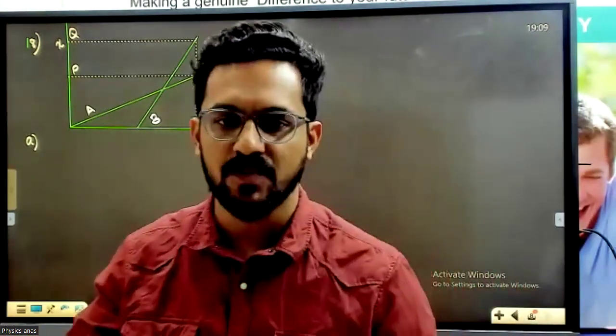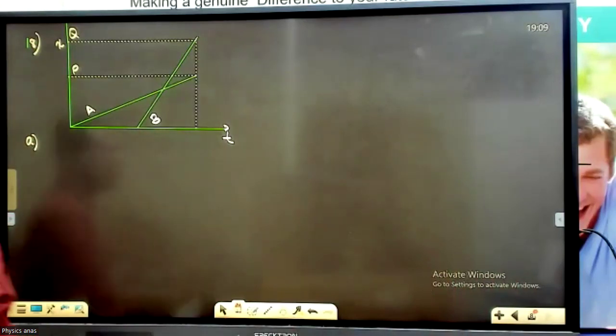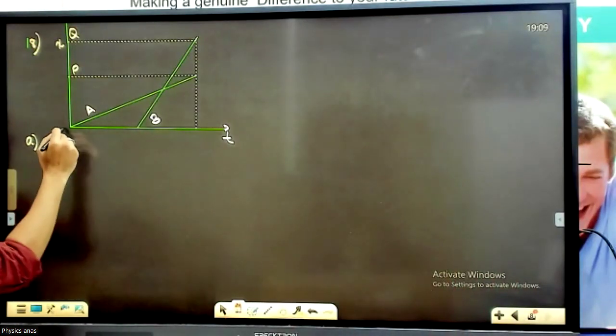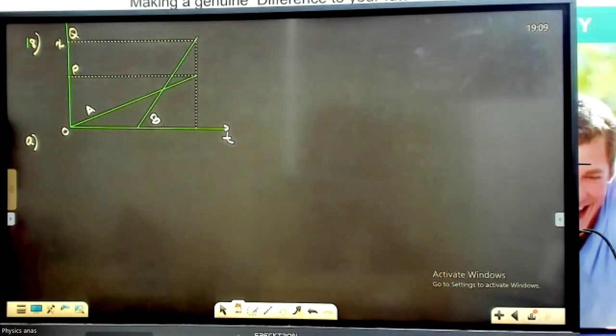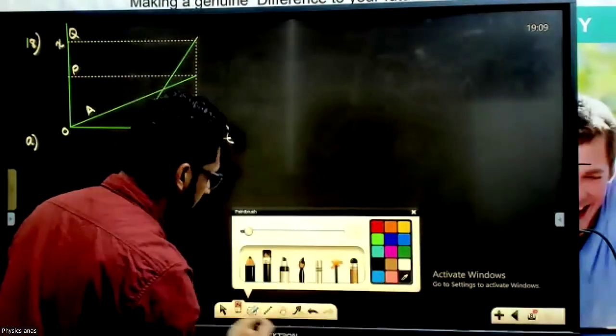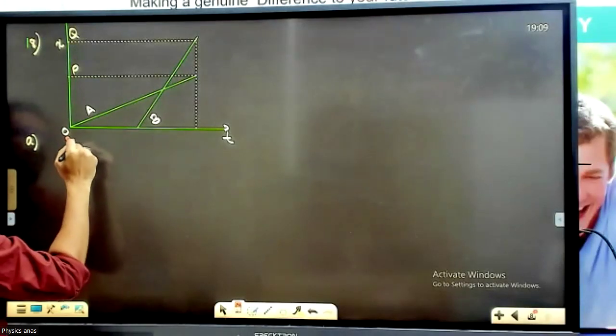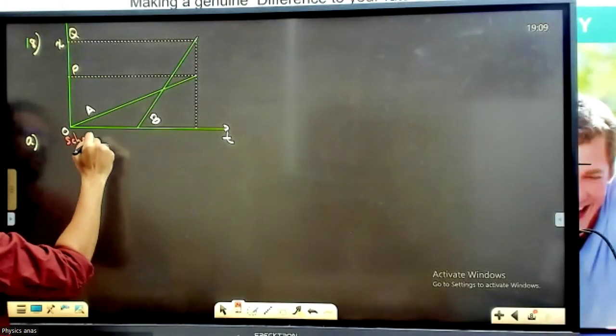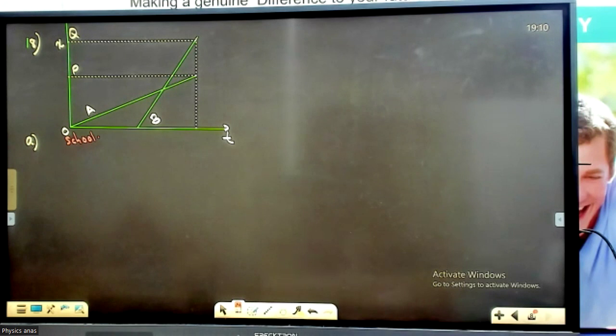Who is closer to school? Which point is school? Point O is school. Which are the homes of them? P and Q are the homes of them.